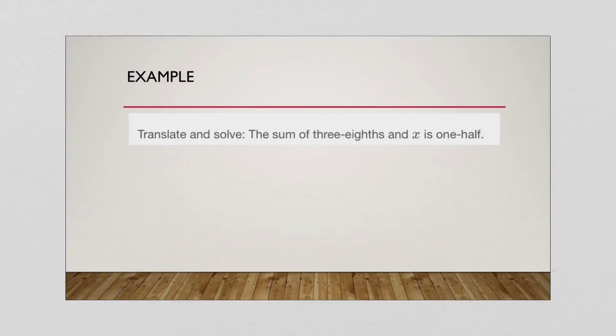All right, on this problem, the sum of 3/8 and x, so the sum means add, so 3/8 and x is 1/2. So in order to solve this one, I would subtract 3/8 from both sides. X is equal to, and on my calculator, I'm typing in 1 fraction 2 minus 3 fraction 8, and I get 1/8 here.